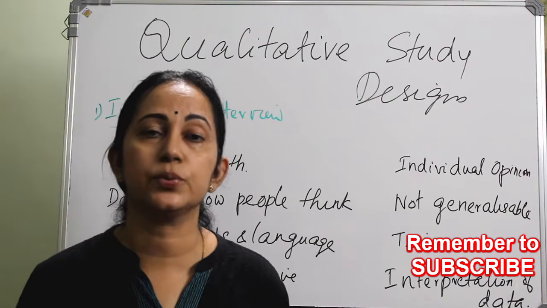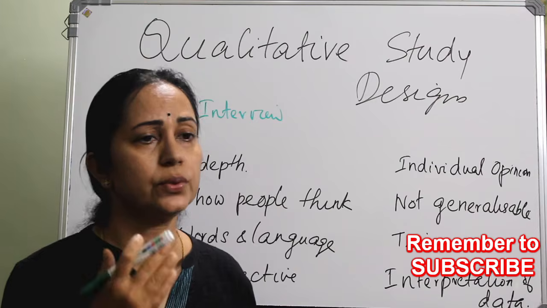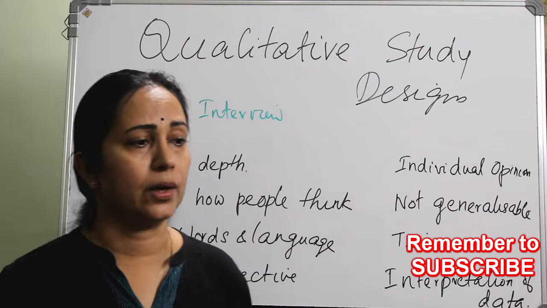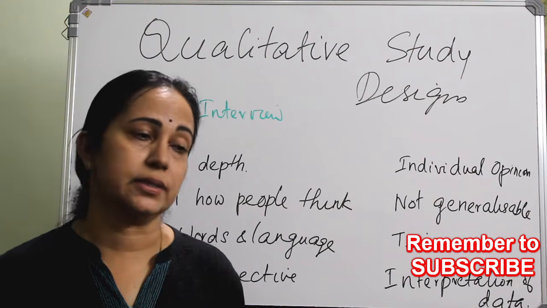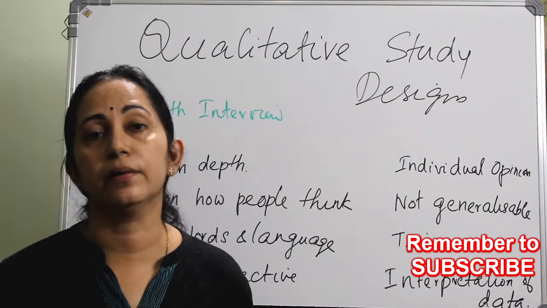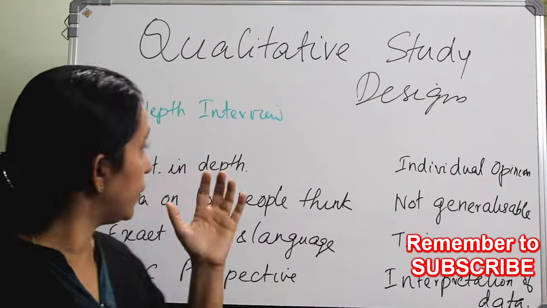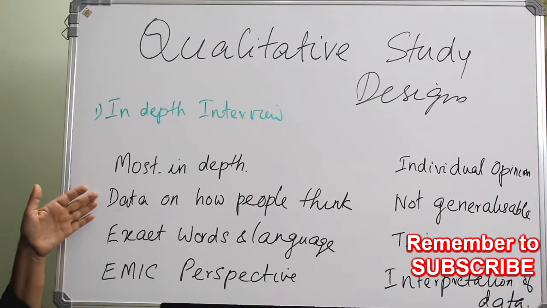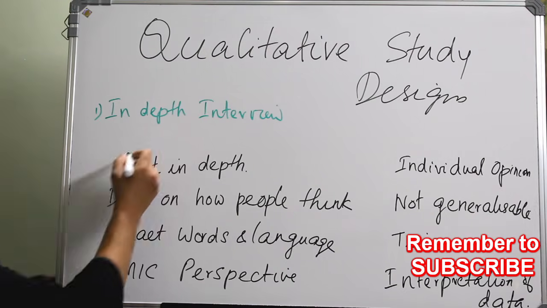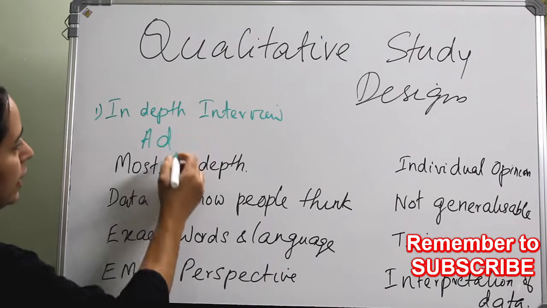Probing can be done in between, and as I already told, the whole thing can be recorded. It will take a minimum of 30 to 60 minutes, so half to one hour. The advantage is that it is the most in-depth data on how people think and talk in their own language, the exact words and language of the population or the culture.